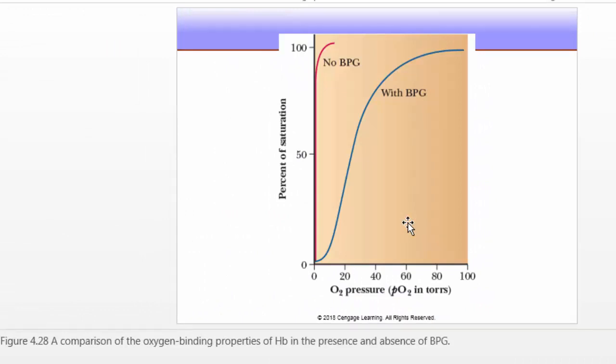So here, if we strip hemoglobin of BPG, then we will see this. This is the oxygen binding curve for hemoglobin with BPG, the normal sigmoidal allosteric type of curve, but when it's stripped of BPG, P50 decreases. P50 here is 26, it decreases to 1, and hemoglobin now resembles myoglobin, and it will bind oxygen tightly and will not release it.